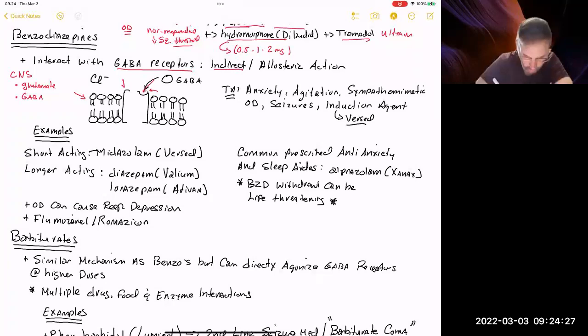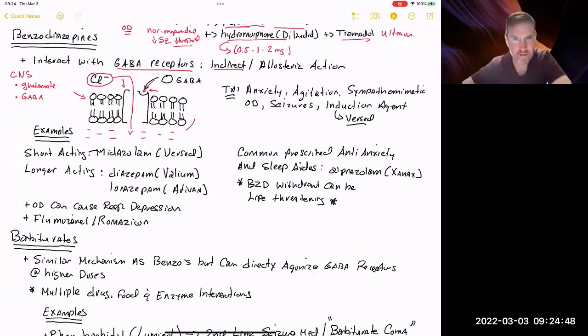When it opens up, chloride ions enter the neuron, and that adds more negative charge into the neuron. The neuron already has a lot of negative charge compared to the outside, right?